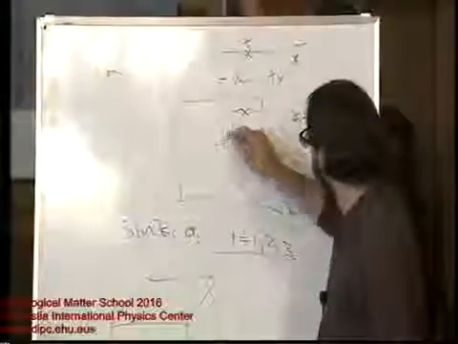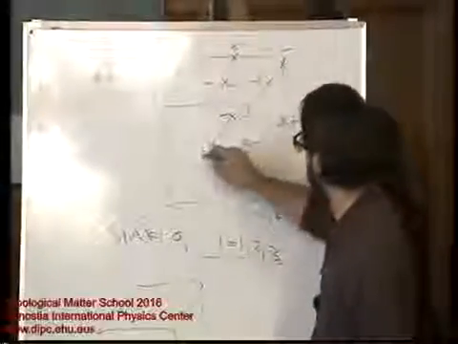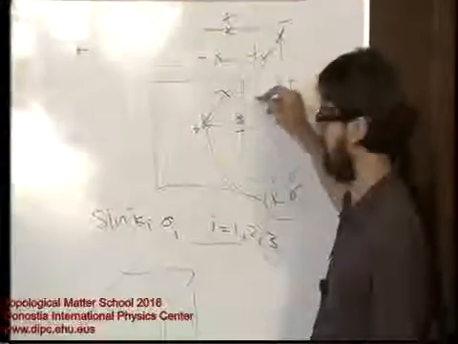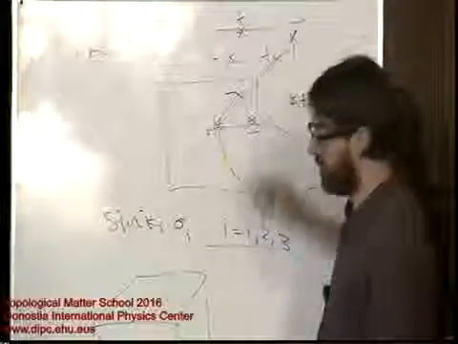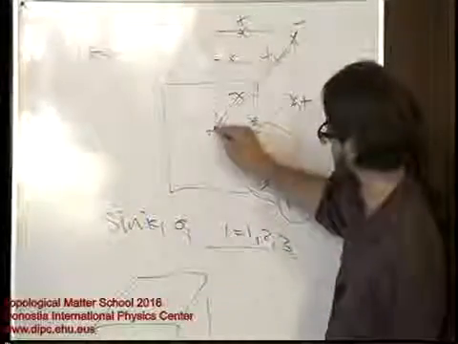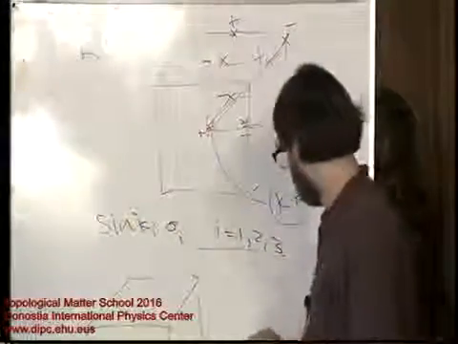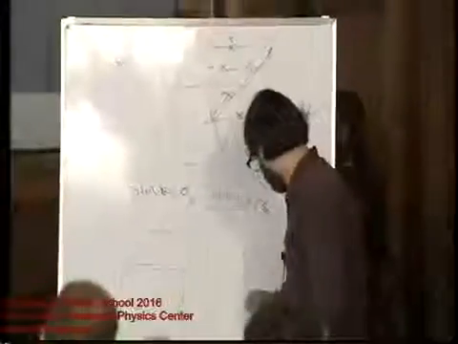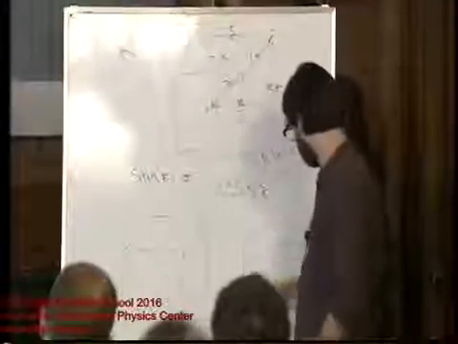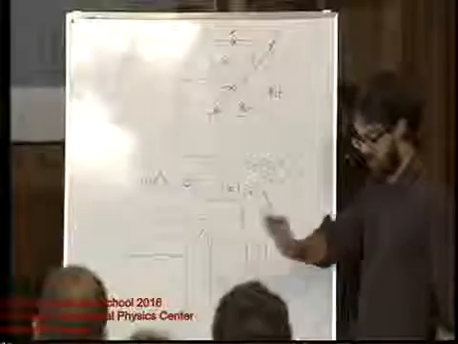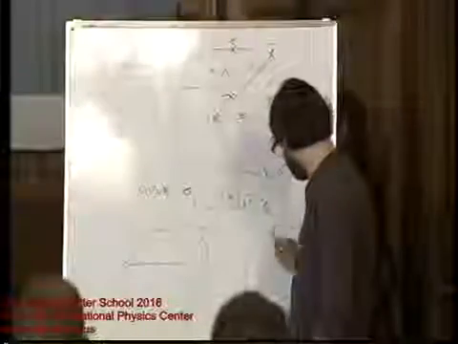So if I choose a surface that looks kind of like this, for example, where these two Weyl nodes project on top of each other, then on my surface, I just cut the material on some surface.